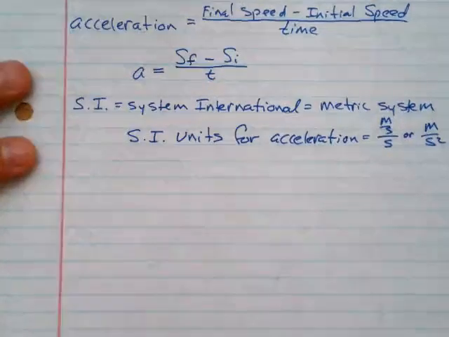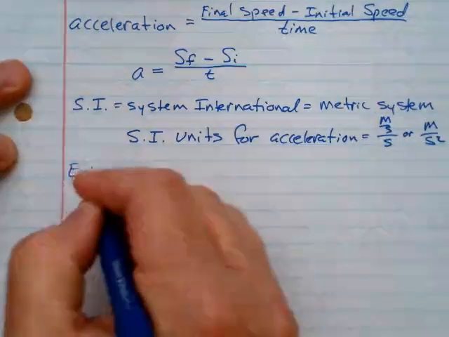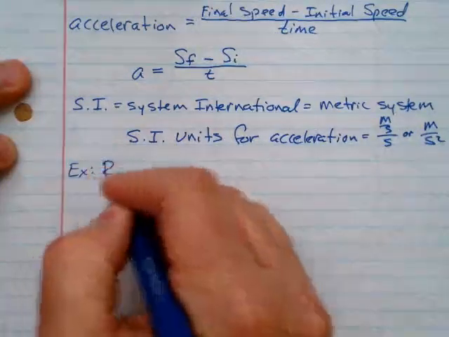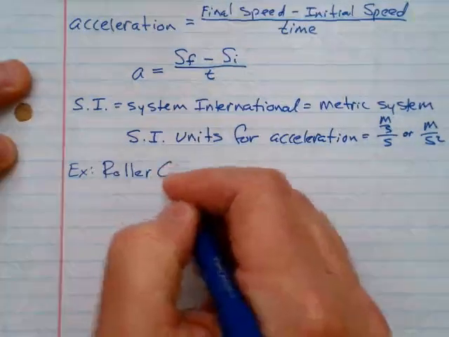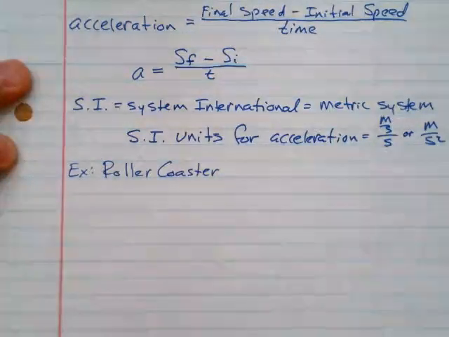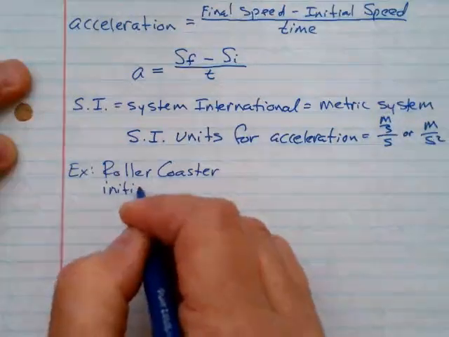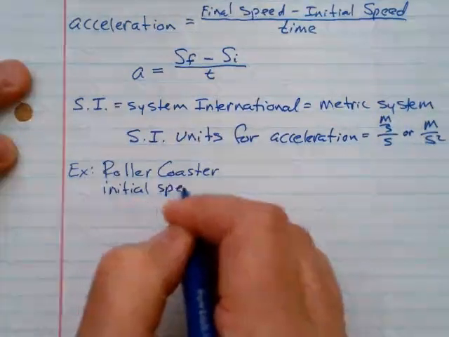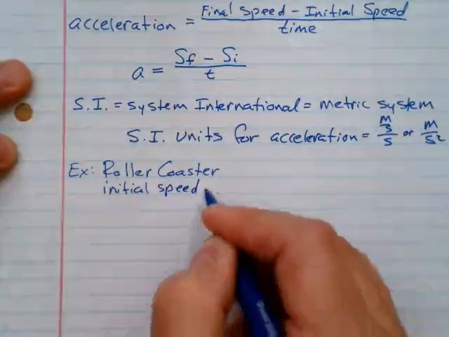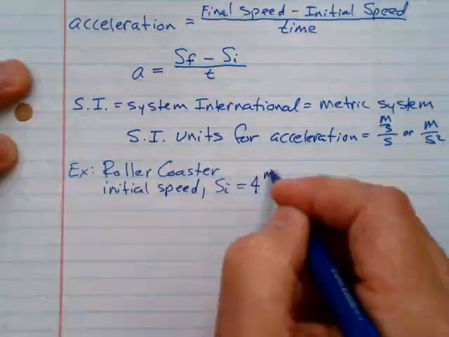So now let's do some examples. Let's do an example of a roller coaster, because I love roller coasters. Let's say the roller coaster's initial speed, or S sub i, is 4 meters a second.